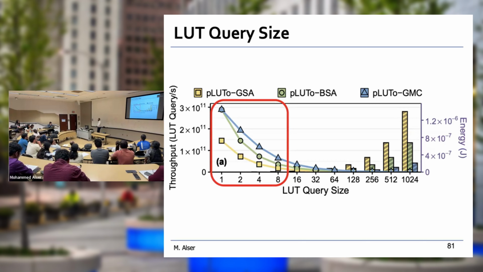The throughput increases. Why? The throughput increases per number of queries. Yes, this is 2 queries at a time, but this is 1 query. But at the end of the day, they are doing the same thing. This is 16 bits. This is 2 8 bits, but serving the 16 bits, meaning just the same query.